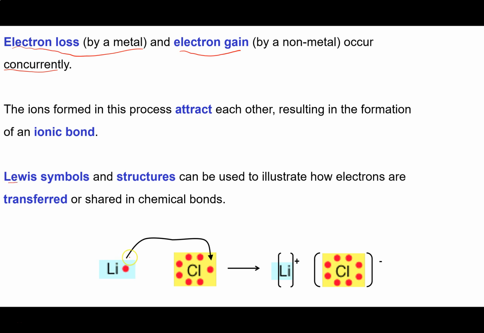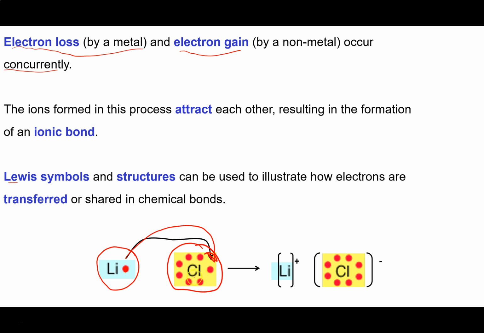So let's think about what happens when a lithium atom comes in contact with a chlorine atom. Lithium is in group 1A, so it has 1 dot in its Lewis symbol, and chlorine is in group 7A, so it has 7 dots in its Lewis symbol. Lithium loves to lose 1 electron, which it transfers to the chlorine, which loves to gain 1 electron.